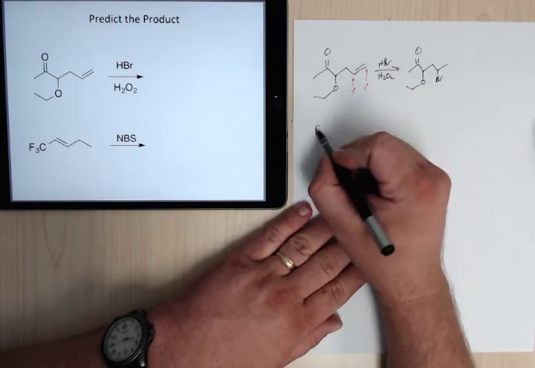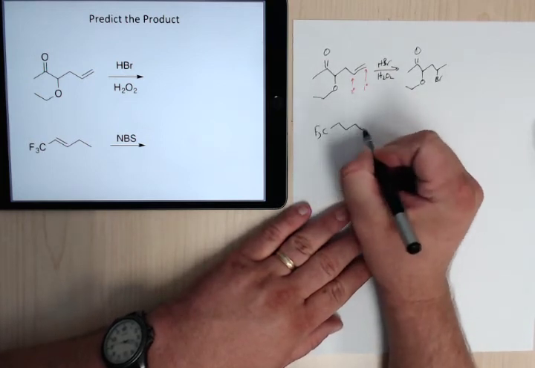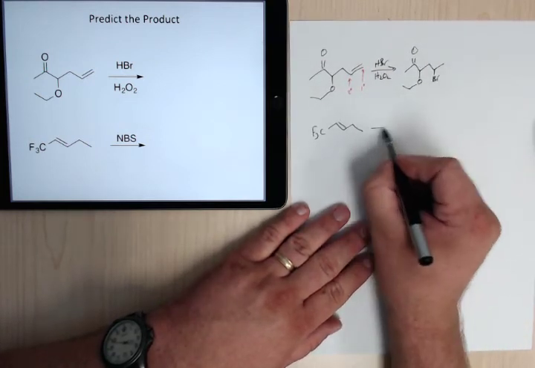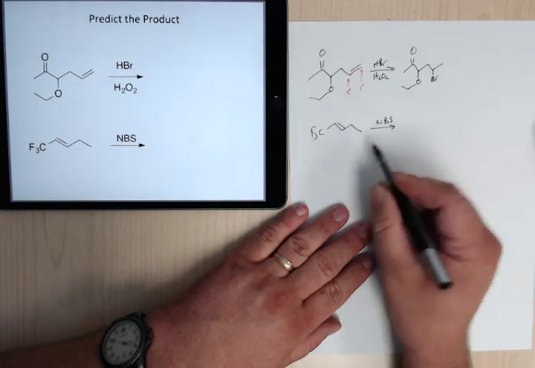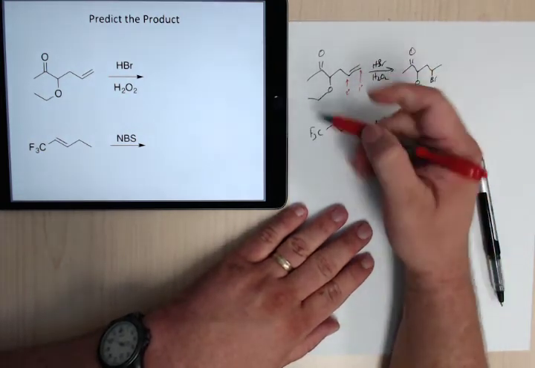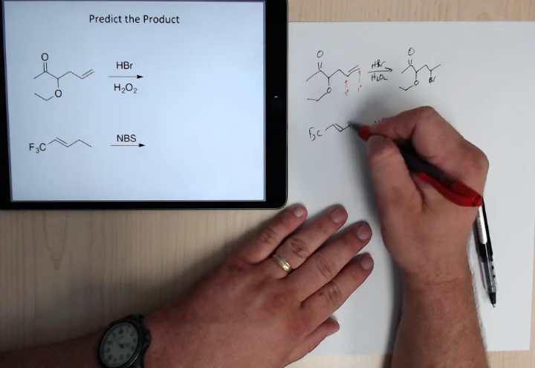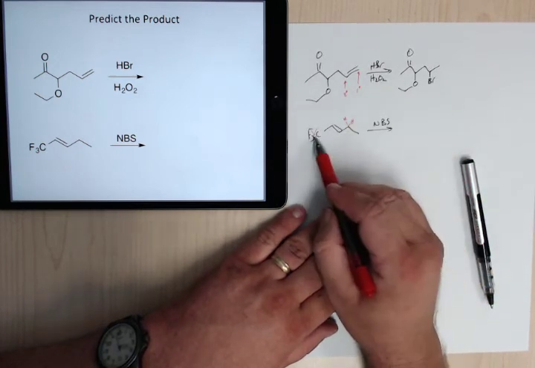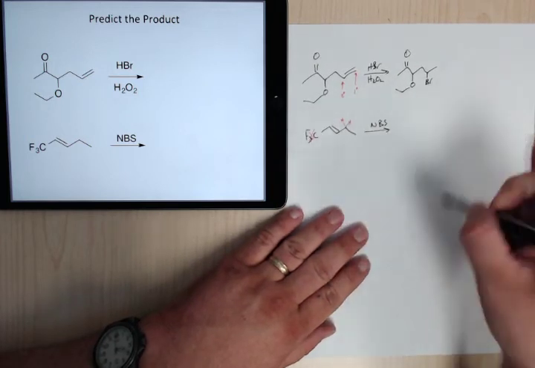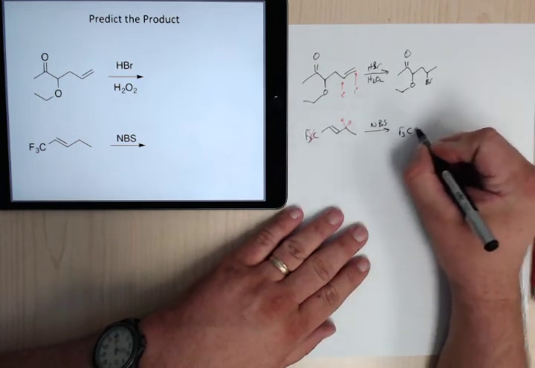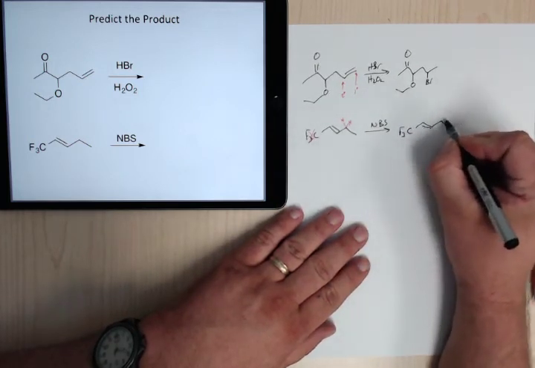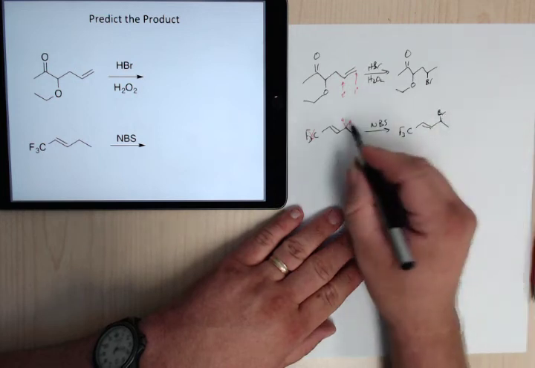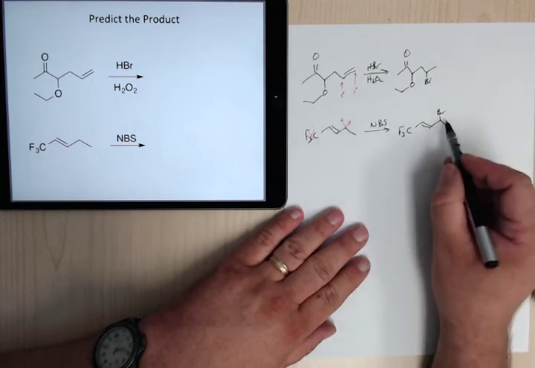For this one, F3C and NBS. Here we have two hydrogens. Here we don't have any, so we can't go on this side. So right next to the double bond, we swap out one of those hydrogens for a Br.